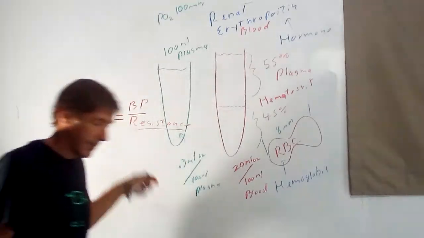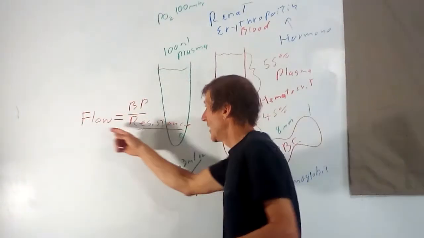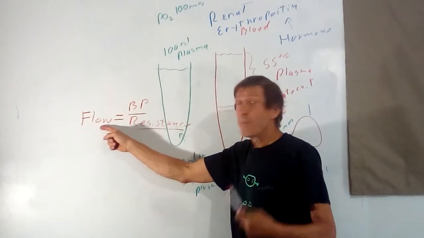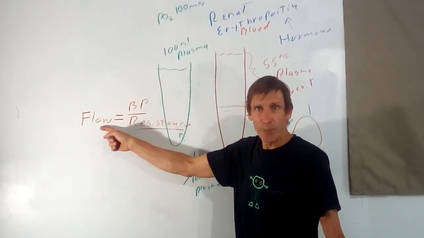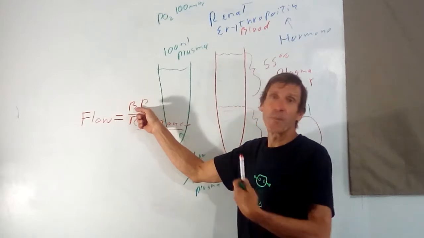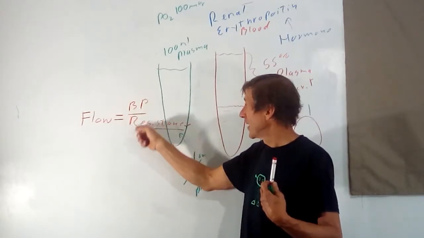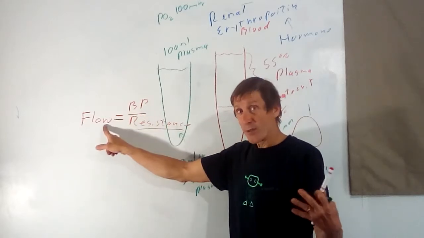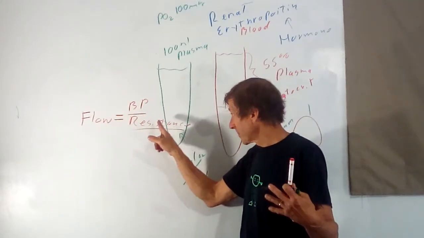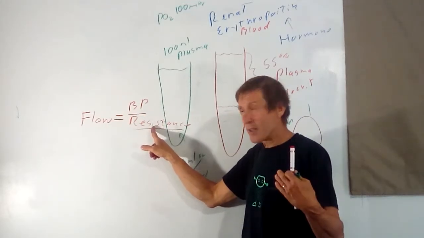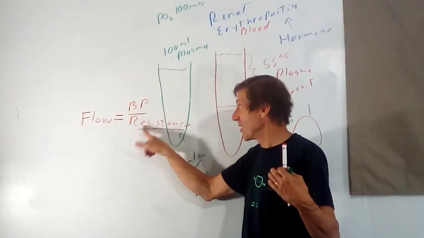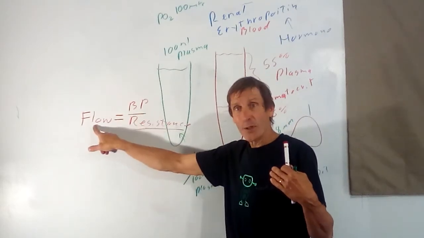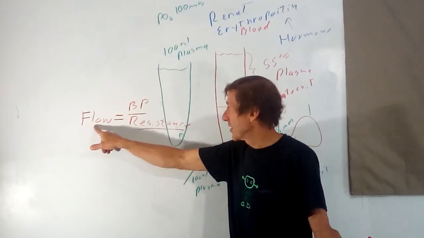So flow in the circulatory system or through a blood vessel is determined by blood pressure, that's the force generated by the heart, divided by resistance. If you increase the pressure, all else being equal, you'll increase flow through that tube. Resistance has the opposite effect. If you increase resistance, if this number gets bigger, that'll reduce the flow if the pressure remains constant.